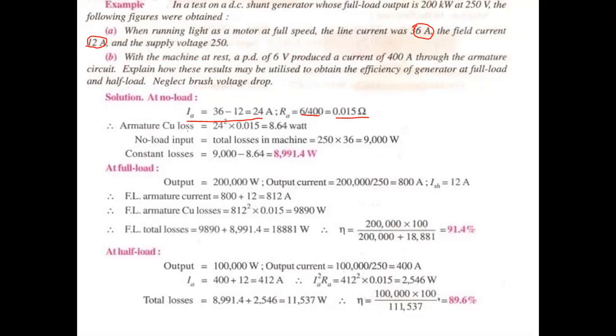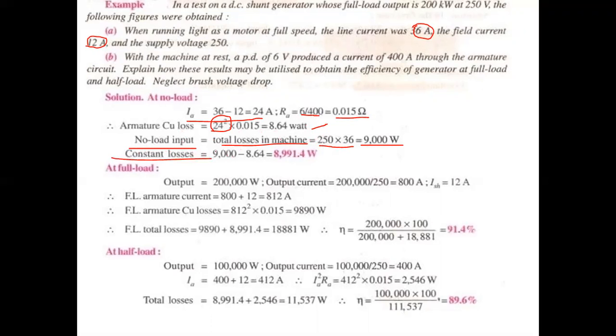Now the armature copper loss during no load: the no load armature current is 24 amperes, squared, times 0.015, the armature resistance, which is equal to 8.64 watts. Then no load input is equal to total losses in the machine. Then 250 is the voltage and 36 amperes is the line current, so 9000 watts is the no load input. Then subtracting the armature copper losses at no load from the no load input, we will get the constant losses.